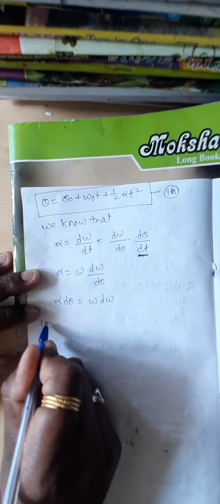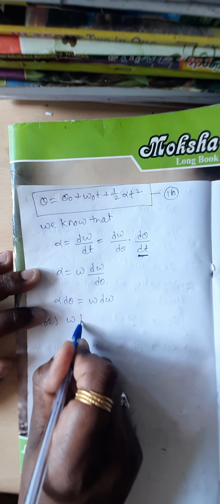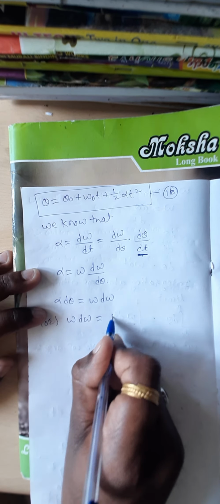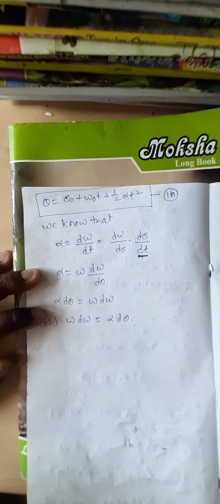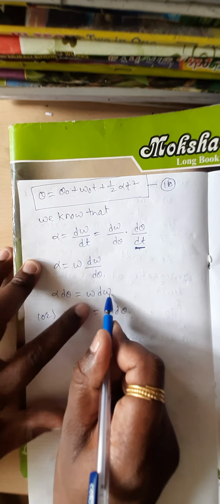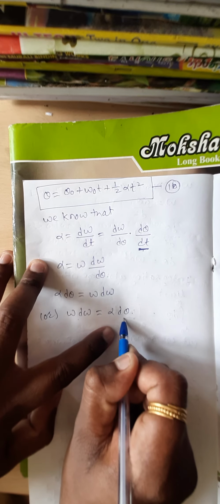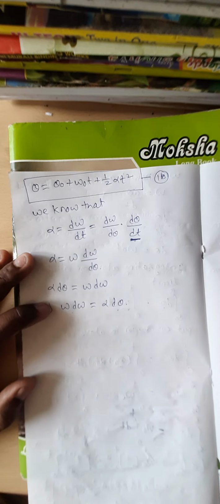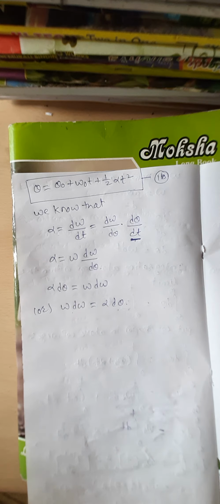Also we can write this as omega into d omega is equal to alpha into d theta. Here alpha is a constant.